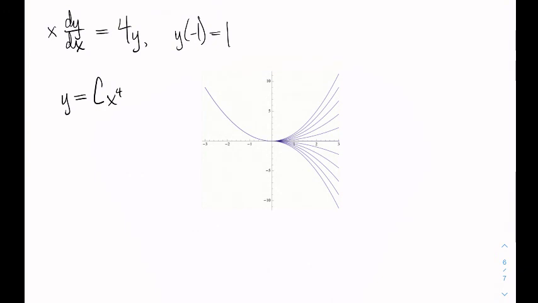So when we choose the initial condition y of minus 1 is equal to 1, so there's x equal minus 1, y equals 1, we're going through this point right here, and this selects this particular solution coming through right here.